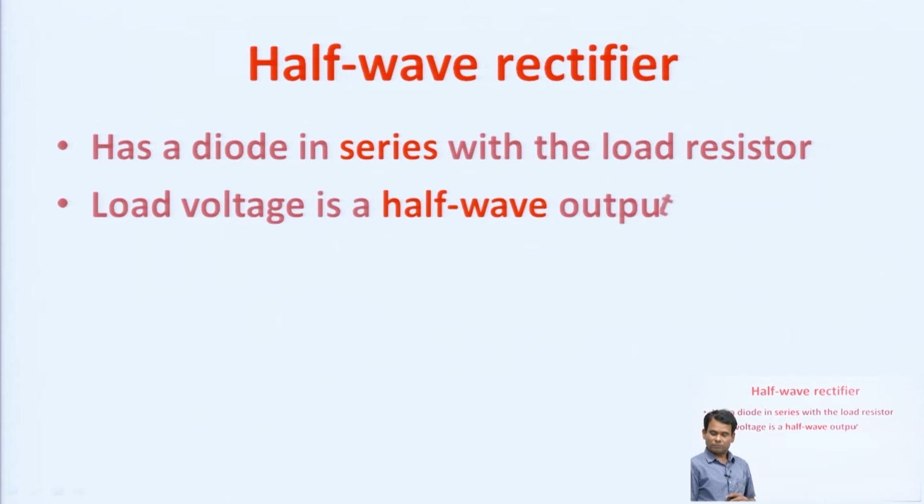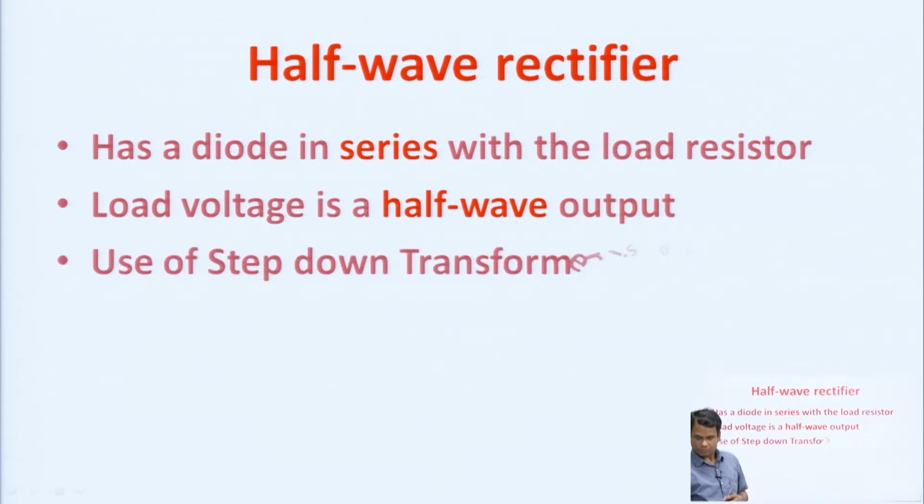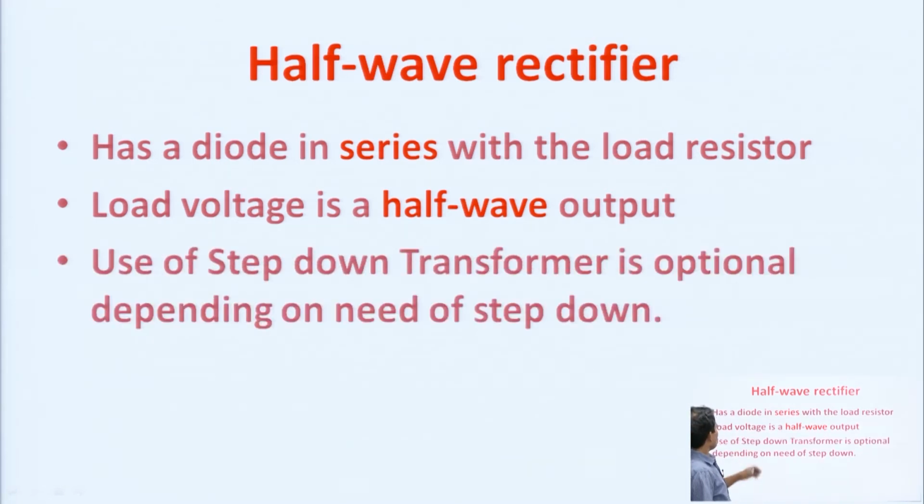Now, half wave rectifier. In half wave rectifier, we have a diode in series with the load resistance, and the load voltage is a half wave output. Use of a step down transformer is optional depending on the need of step down.